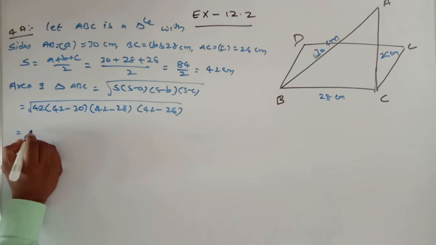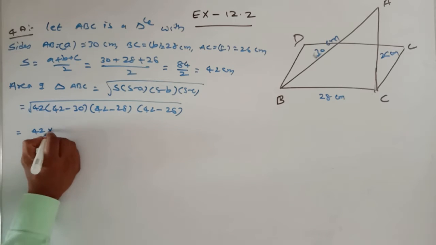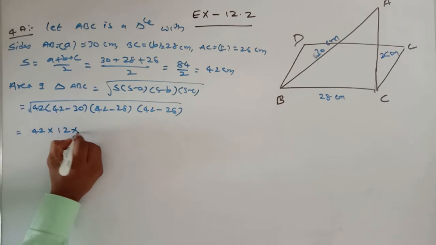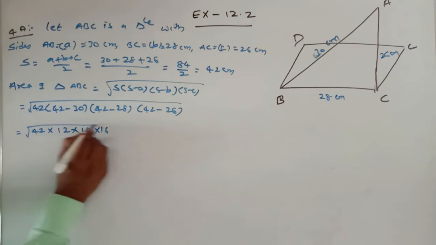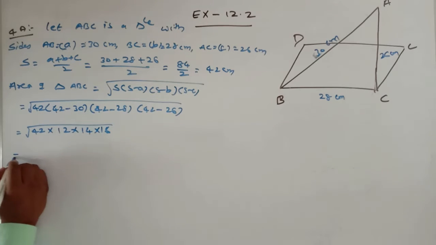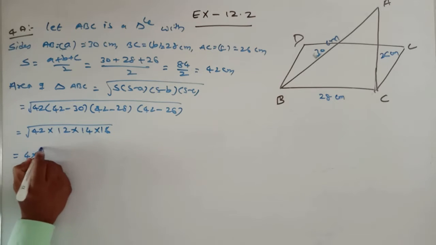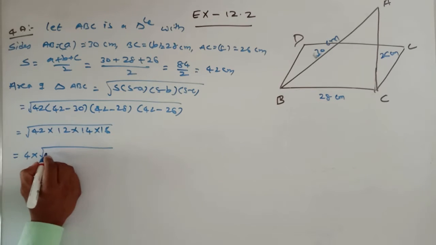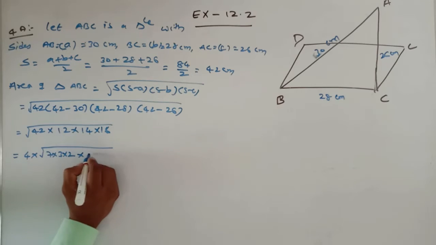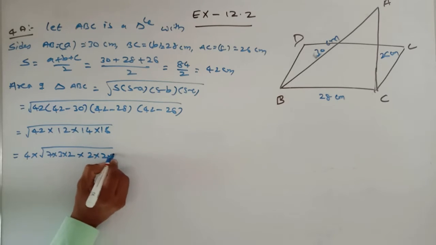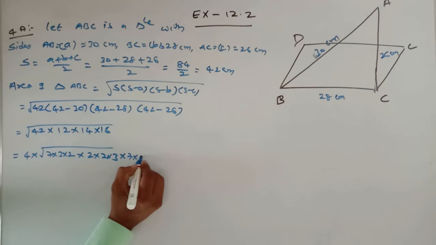That's equal to the square root of 42 into 12 into 14 into 16. So this 16 I am bringing outside the square root, that is 4. I can write 42 as 7 into 3 into 2, 12 as 2 into 2 into 3, and 14 as 7 into 2.